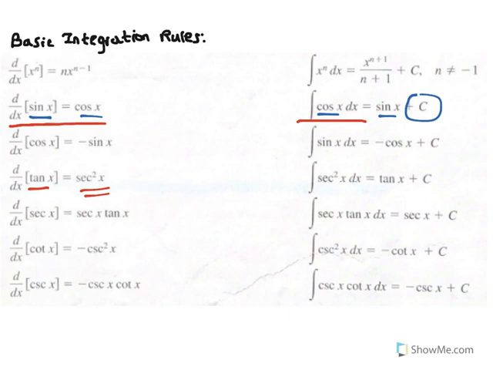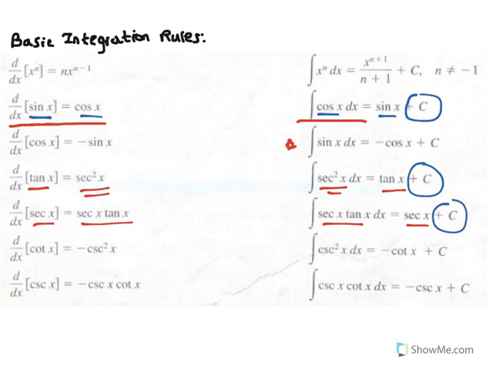So when you have the indefinite integral of secant squared, your antiderivative would be tangent plus a constant of integration. We've learned that the derivative of secant is secant tangent. So when you have the indefinite integral of secant tangent, the antiderivative would be secant plus a constant of integration.